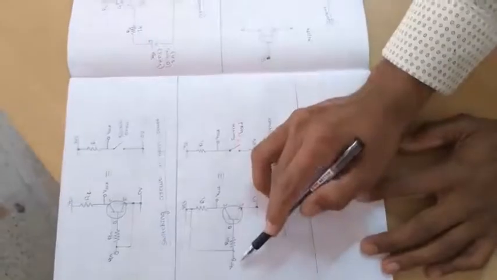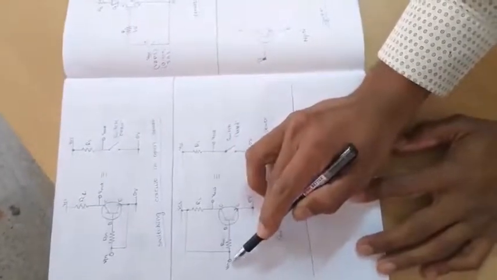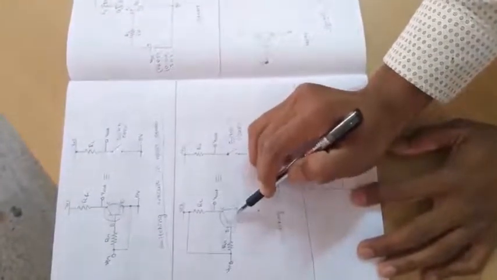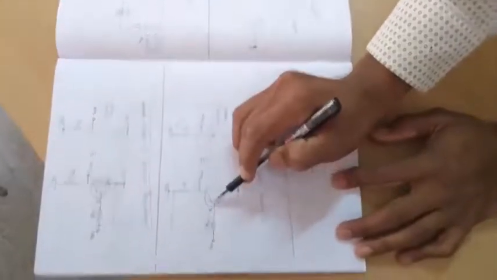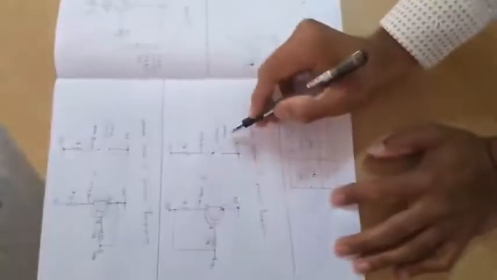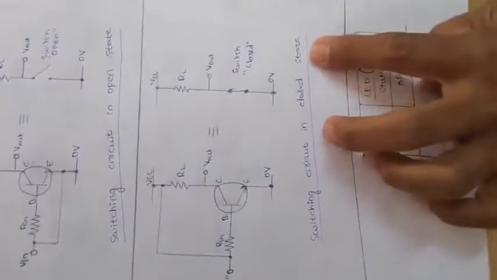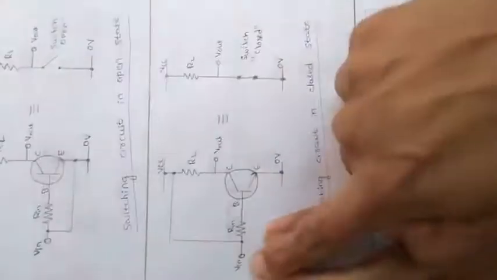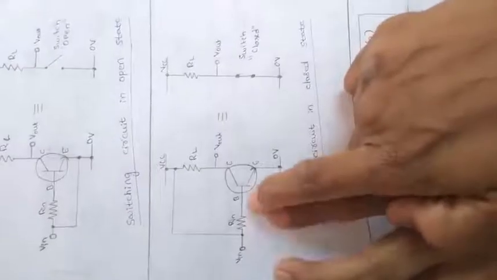That is, immediately when you give the input voltage, the transistor will turn on. After 0.7 volts, the transistor will turn on and it will behave as closed. This is a switching circuit in closed state. So when the input voltage is given, the base is turned on.